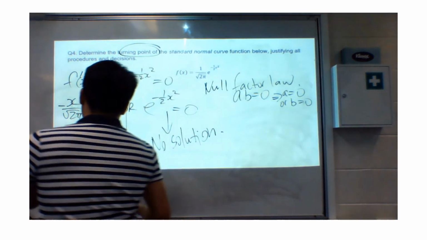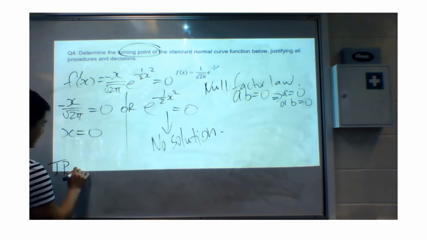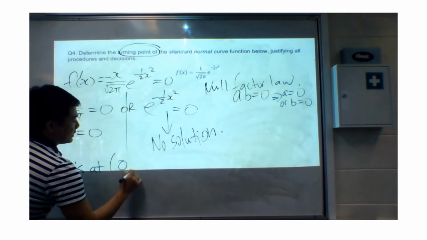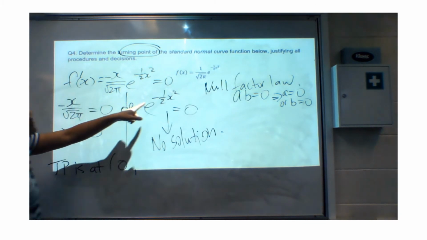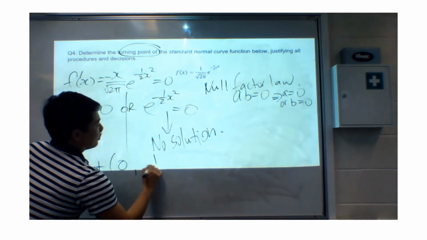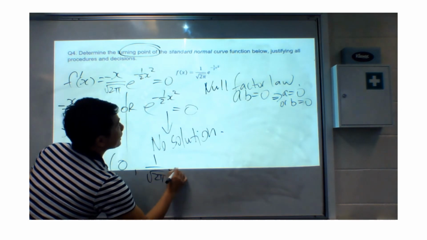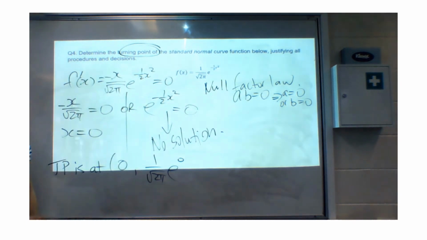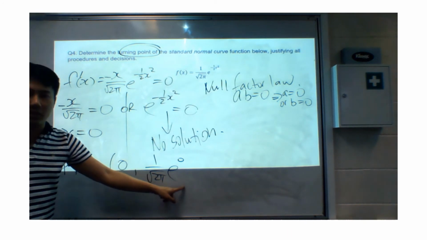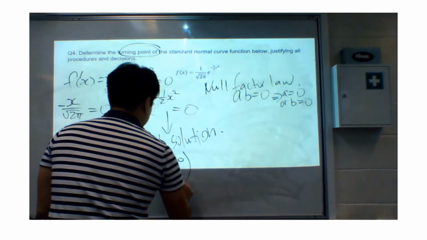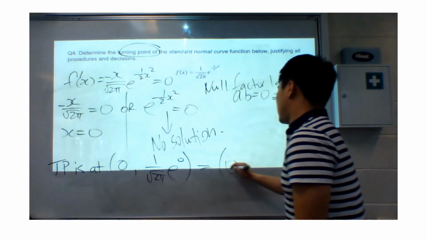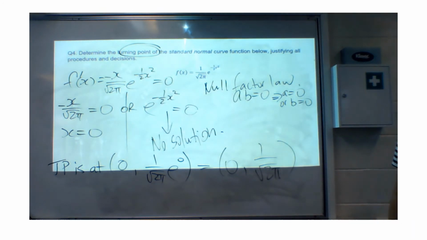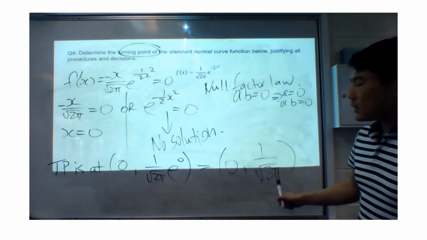So the turning point is at 0, and you just need to sub in 1 over 2 pi e to the power of 0. But what's e to the power of 0? It's just 1. So it equals 0, 1 over 2 pi. And that's all.